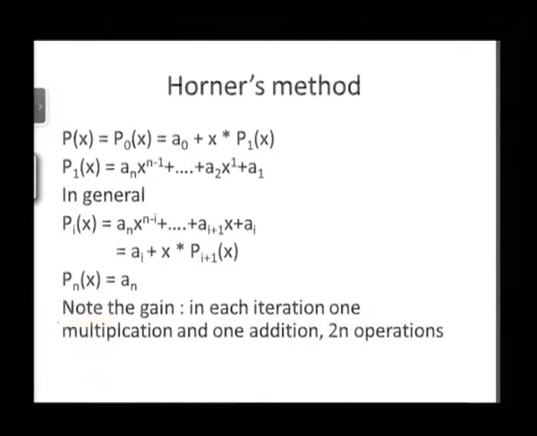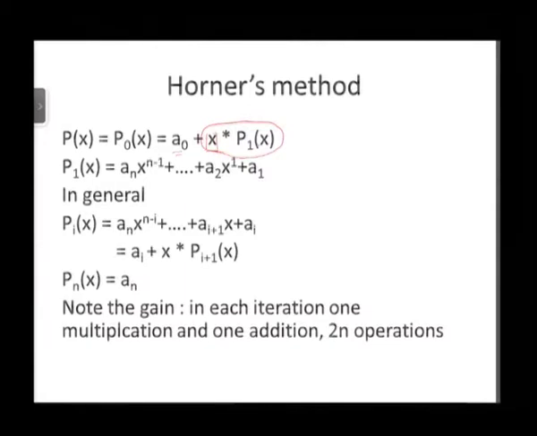Let us just look at p of x. We rewrite it as a0, the constant term in the polynomial, and in the remaining terms x is a common factor. If you look at all the other terms, x is a common factor, that x is factored out, and the remaining polynomial is called p1 of x.